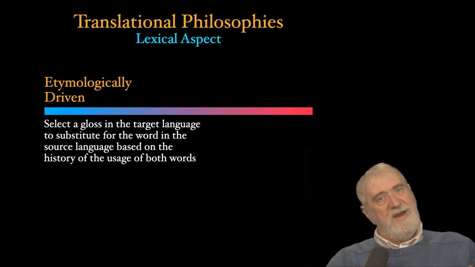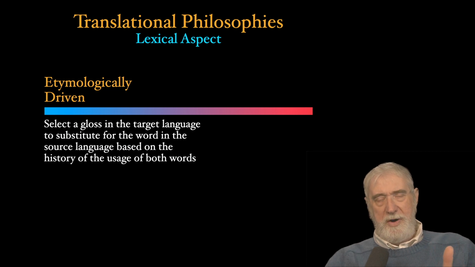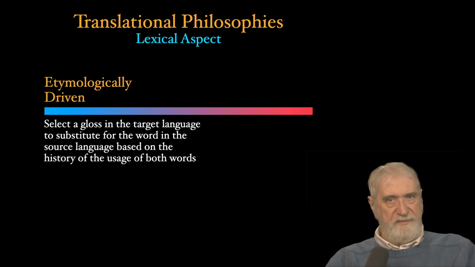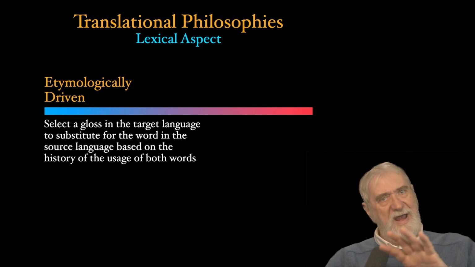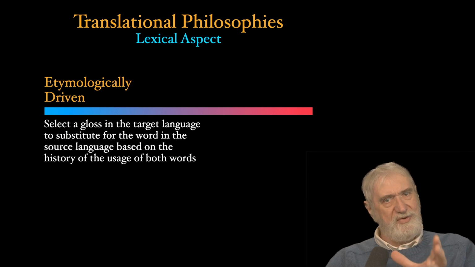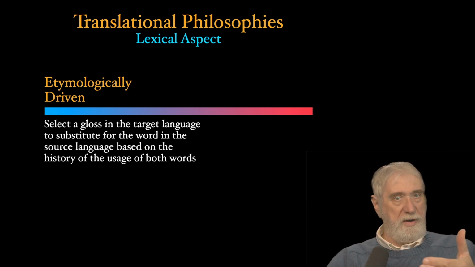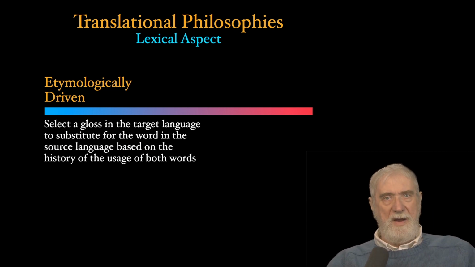In other words, it tries to find a word in the target language that has, as much as possible, the same sort of history of usage that exists in the source language.